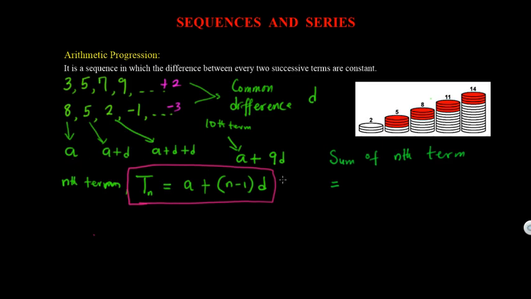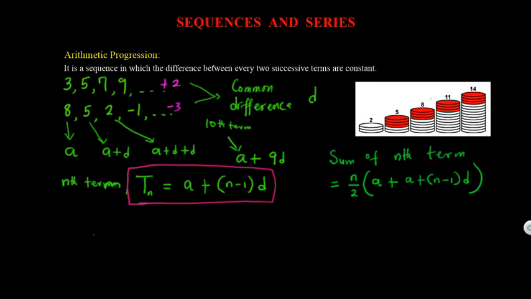So this is the number of terms. We get that by saying n divided by 2, open bracket, the first term plus the formula of the nth term, which is A plus n minus 1, close bracket, multiplied by D, close it with the bigger bracket.